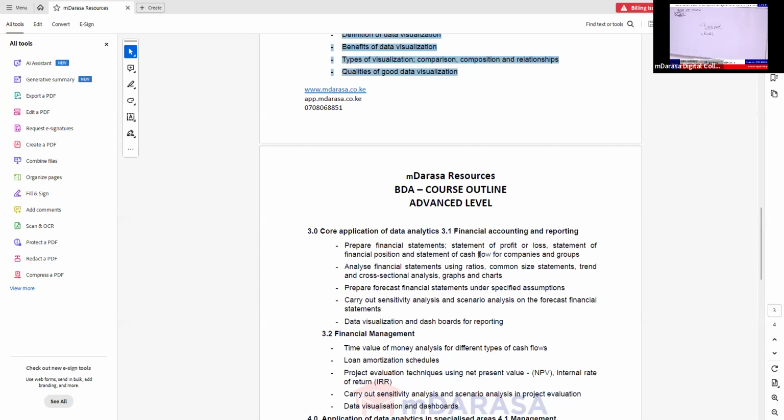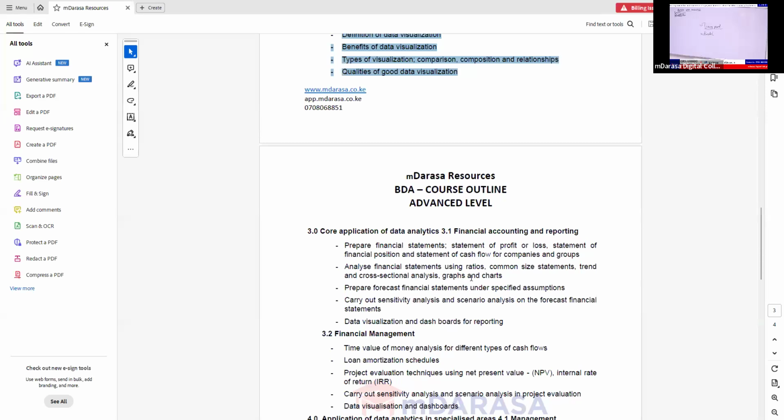We are doing it practically using Excel. Take, for example, preparation of the income statement, statement of financial position and cash flows. Remember, you did these concepts while doing your coursework at your lower levels.